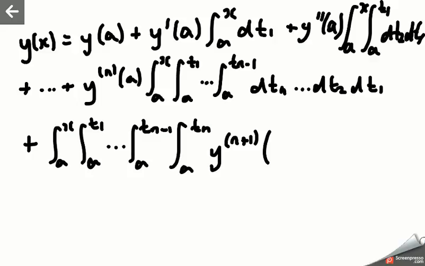So y differentiated n plus 1 times of t(n+1), and then dt(n+1) all the way down to dt1.